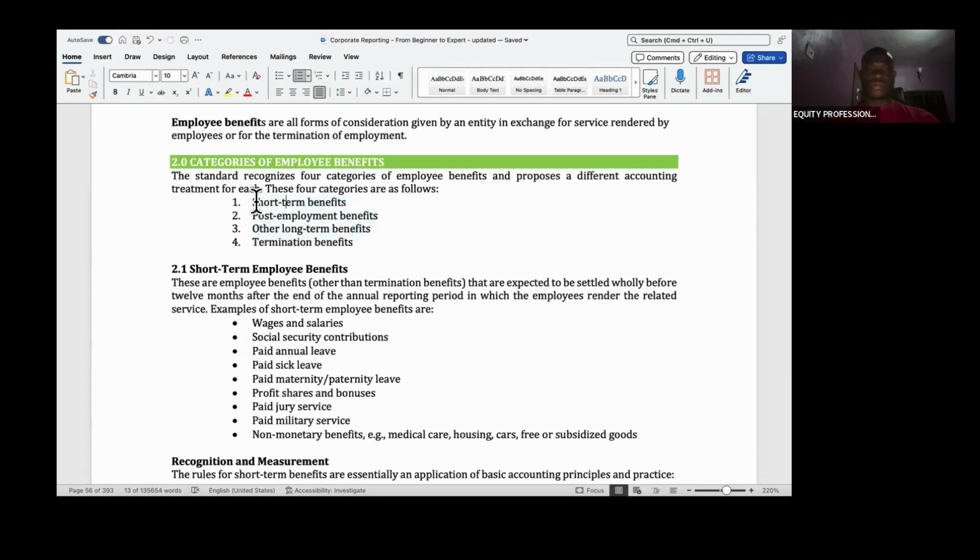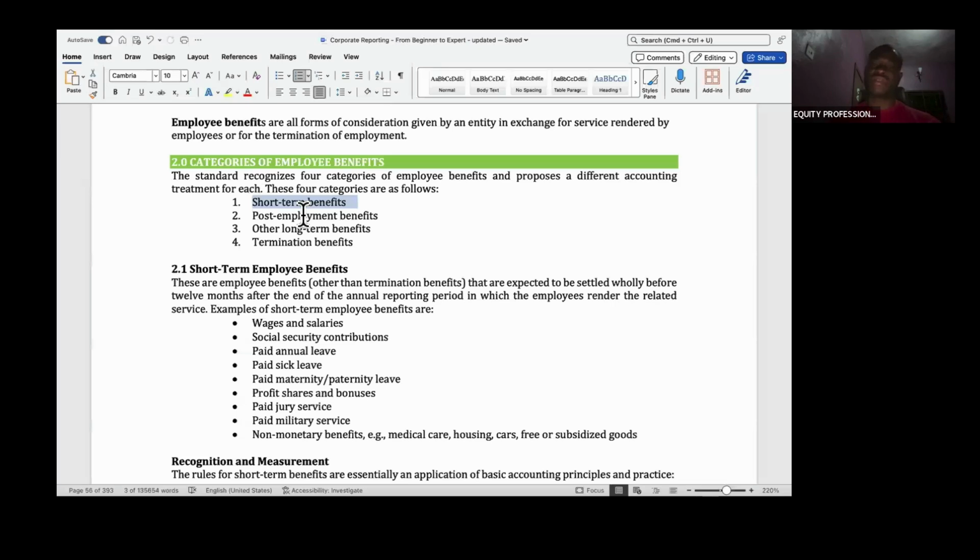The first one, which is short-term benefits. You see, this short-term benefit is any form of consideration that is given to an employee within 12 months.